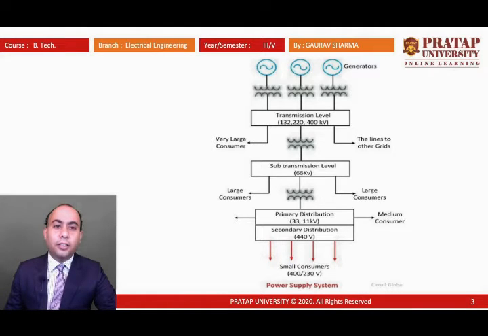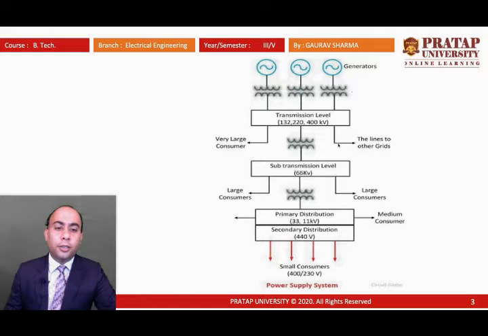After that, we are stepping up this power to 400 kV, and after the stepping up, we are transferring this power. This segment is called the transmission level or transmission of power.